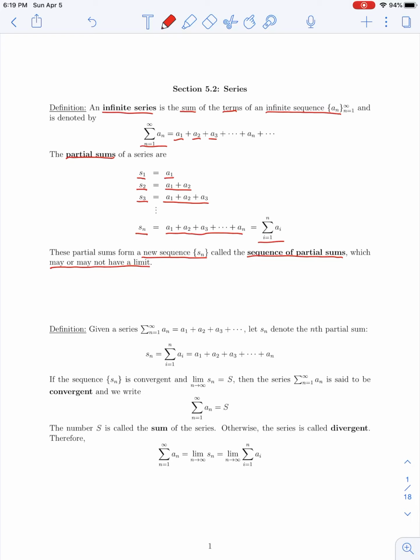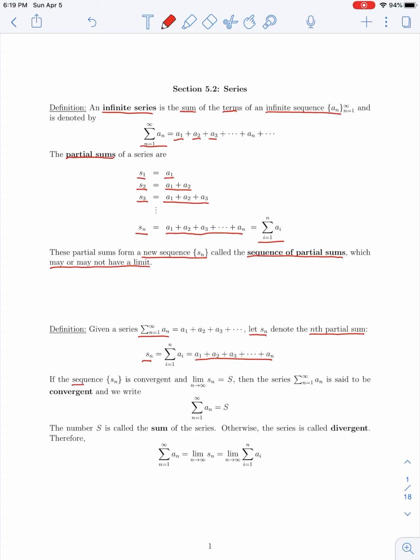Let's suppose that we have an infinite series of terms a(n) from 1 to infinity, and we let Sn denote the nth partial sum of that series, that is, the sum of the first n terms.